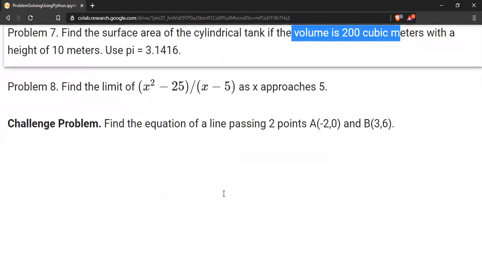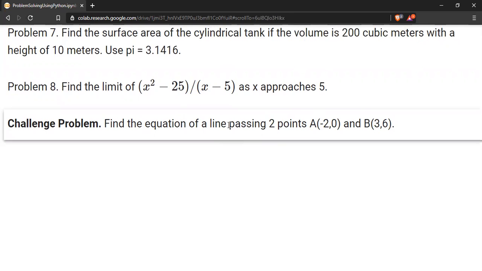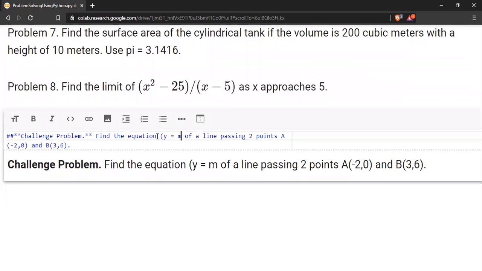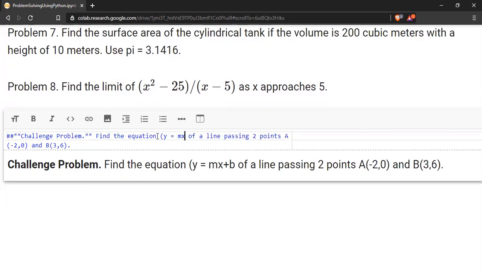Okay, so here is your challenge problem. A while ago, we learned how to solve for the slope. In this challenge problem, you are going to find the equation of a line. We will just use y equals mx plus b. Can you still recall what is mx plus b?